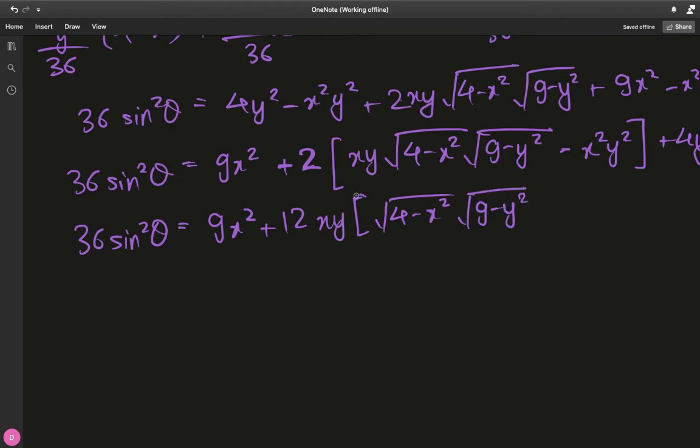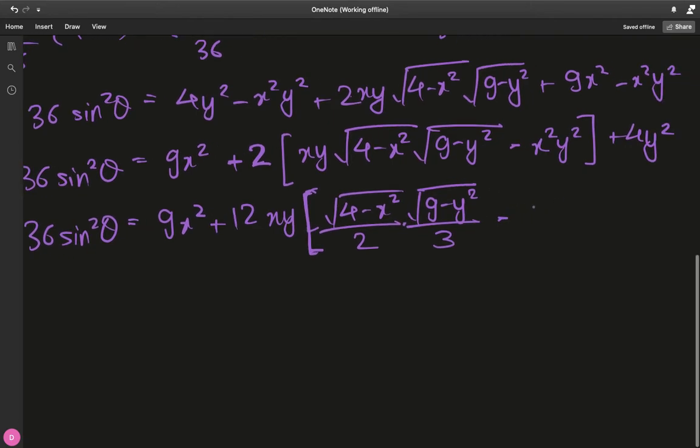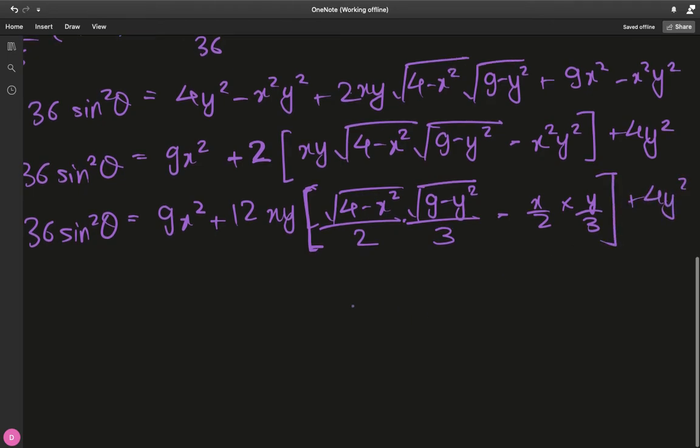But we have to divide by 6 because we multiplied by 6 originally. So take a 2 here and take a 3 here because 2 times 3 is 6. Minus x over 2 times y over 3 again. See, we can split 6 like this, plus 4y squared.